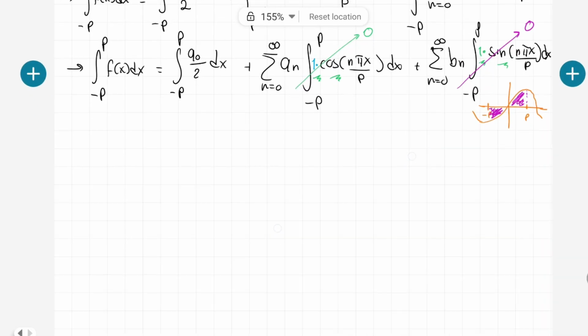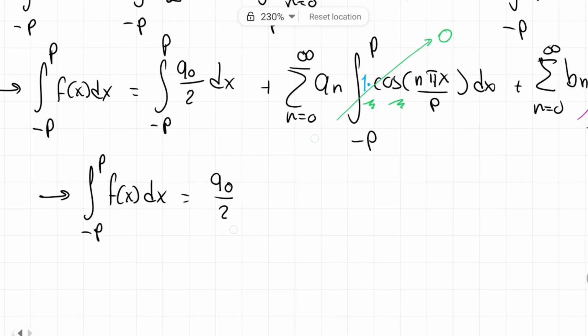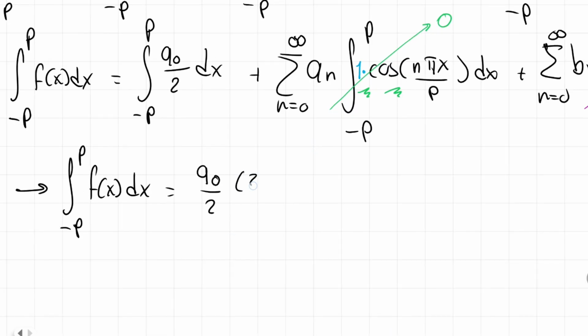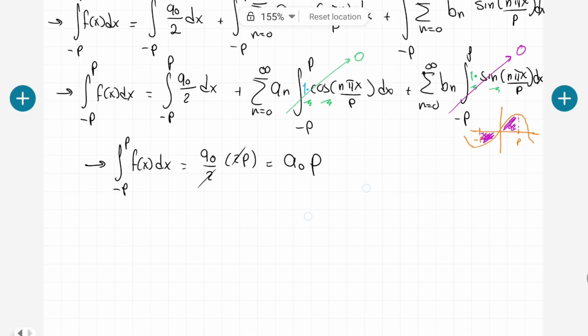So we get that the integral from negative p to p of f of x dx is equal to a0 over 2 times the integral of dx from negative p to p, which is just 2p. Of course, we cancel these 2's to get a0 p.